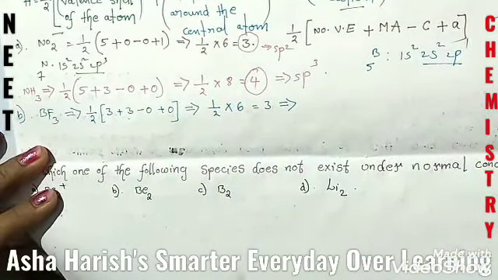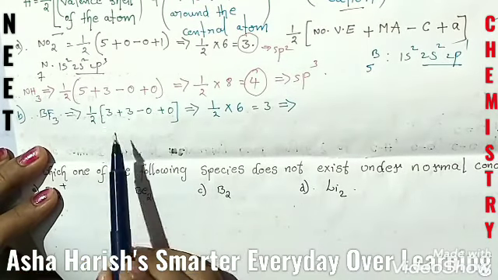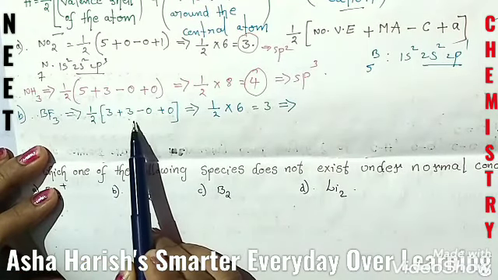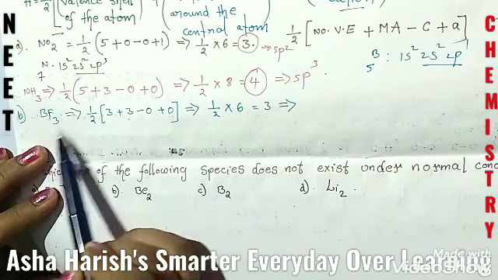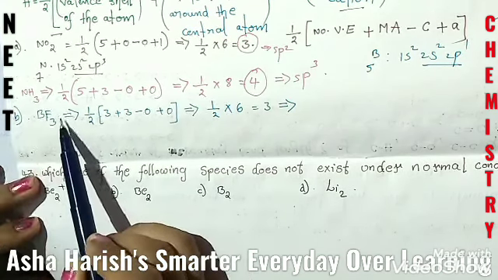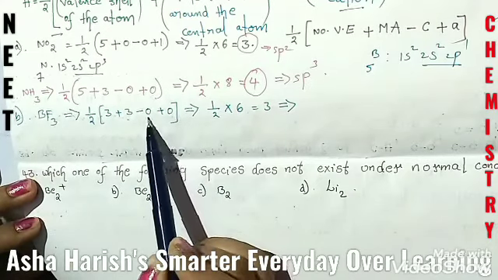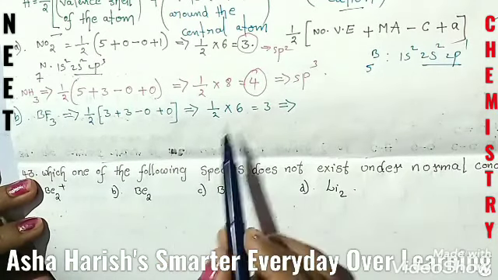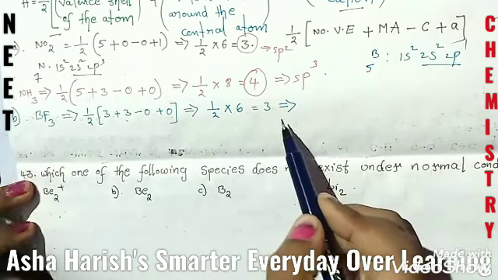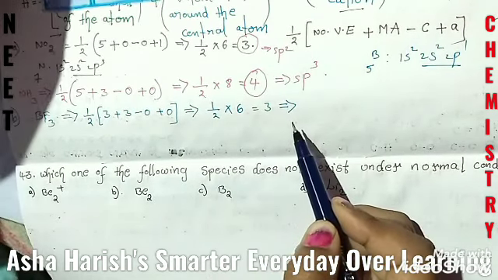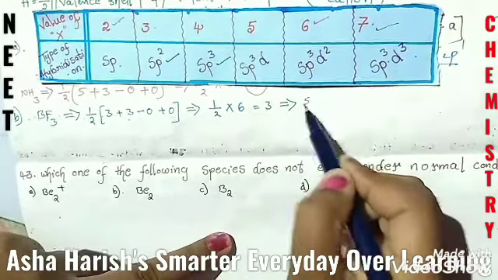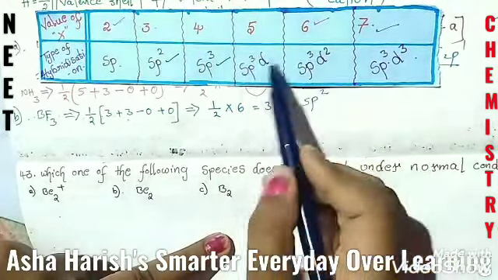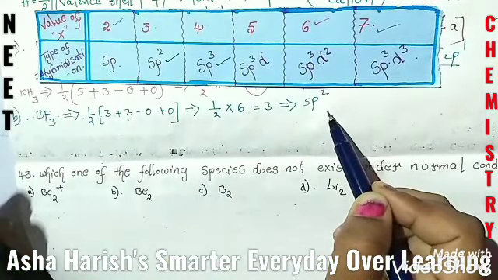Here we take the number of valence electrons 3, plus the monovalent atoms, fluorine atoms 3, minus, there is no charge, no ion, so in the place of cation and anion you can take 0, and this is half into 6, that is 3. And students, for 3 the hybridization should be sp2. Based on this we can write here sp2 hybridization.